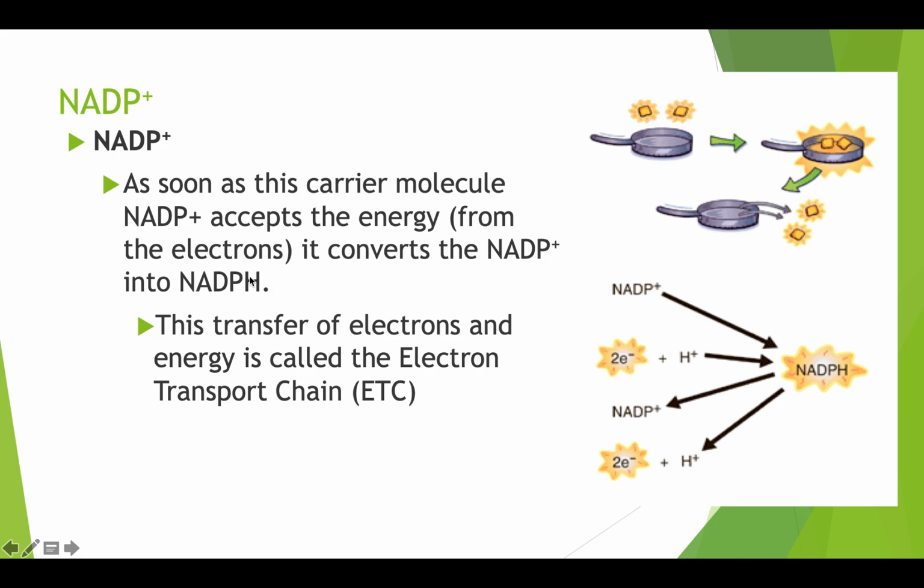So that's what this H is, the hydrogen atom. It comes in and that's where it finalizes its stability. That way it can continue to get moved on and where we really get the energy from. This transfer of electrons and energy is called the electron transport chain.